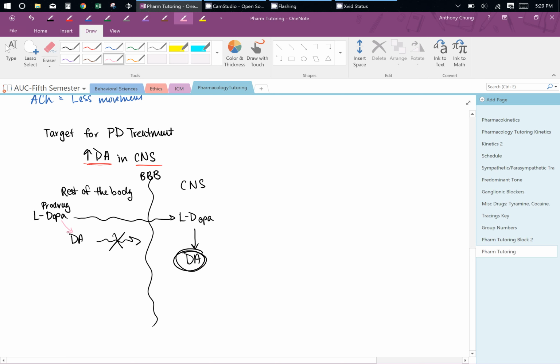So there is an enzyme, a decarboxylase, that converts levodopa to dopamine. So if you want levodopa to enter the CNS in the levodopa form, you don't want this to happen. So you want to inhibit this step. And this is where the carbidopa comes in.